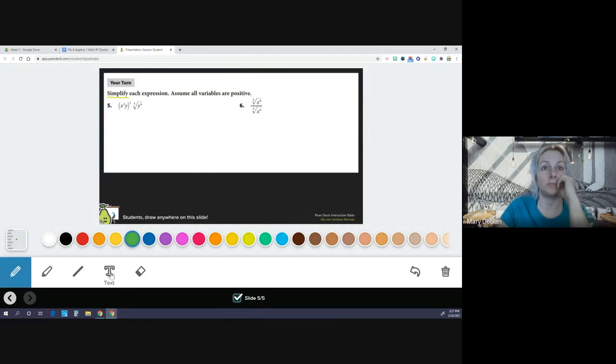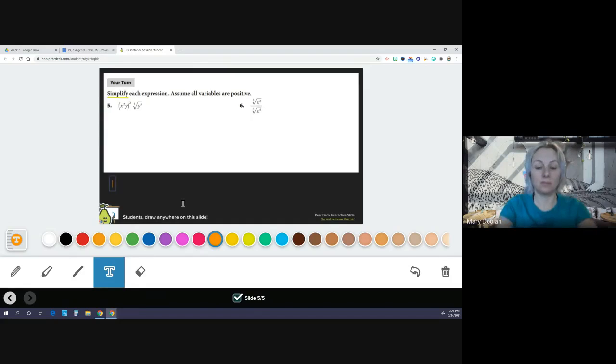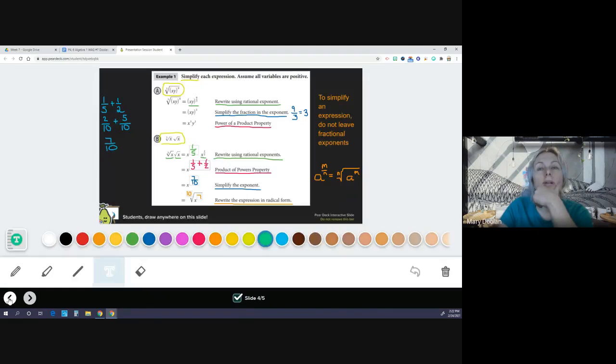So first step. Rewrite with rational exponents. Okay, and that's what we did back here.